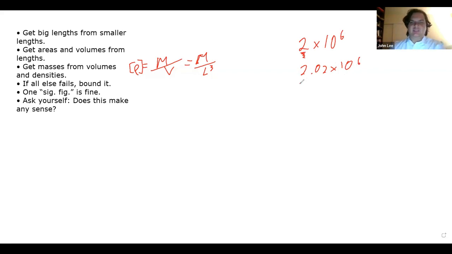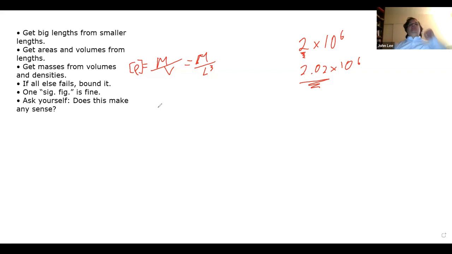So in this case, we have 1 digit, so this has 1 significant figure. And in this case, we have 3 digits, so it has 3 significant figures. If you're estimating, then you probably don't need to know more than 1 significant figure, because all of the math that you're doing is so haphazard anyways that it doesn't really matter, because you're just doing estimations.